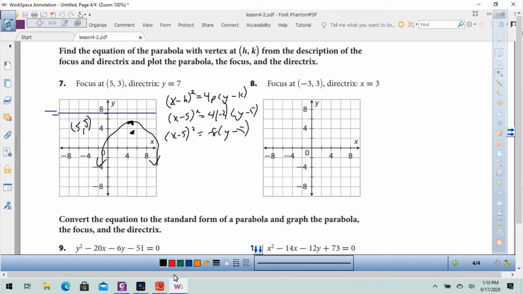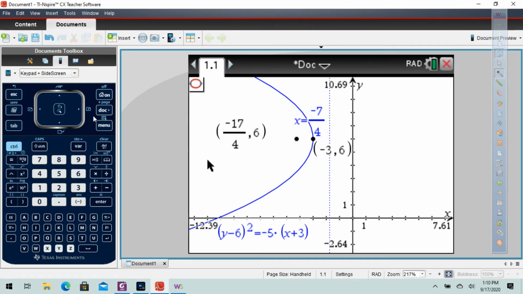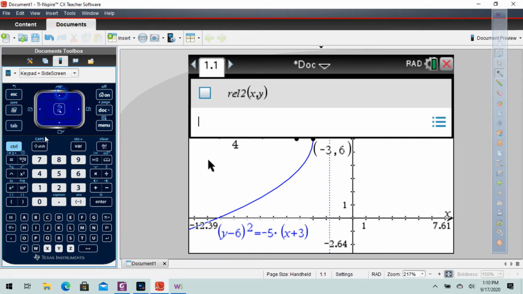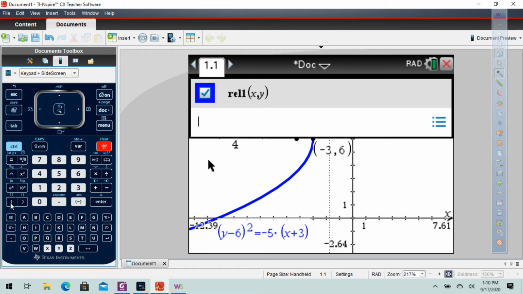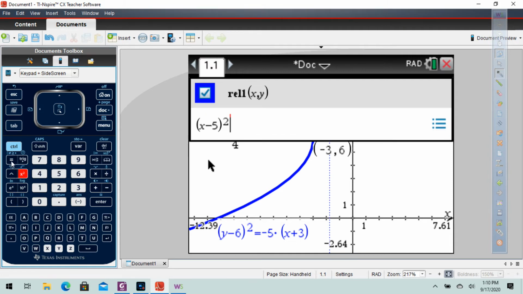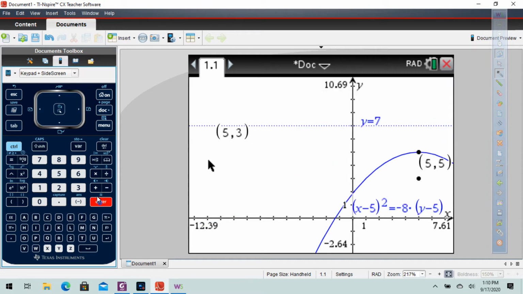I wonder if this is correct. Let's check it. Tab. We'll delete this old one. And we have open parentheses x minus 5, close parentheses squared, equals -8, open parentheses, y minus 5.